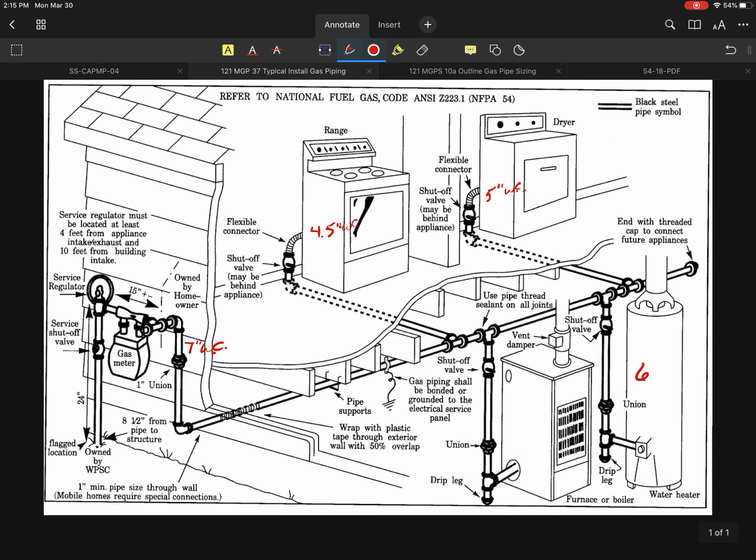Maybe this one needs 6 inches of water column pressure to the inlet, and these are all minimums. And then of course the boiler I'll just put as 5.0 inches of water column. So in this particular case, my maximum allowed pressure drop in this example would really be 1 inch. I could tolerate 1 inch of water column.